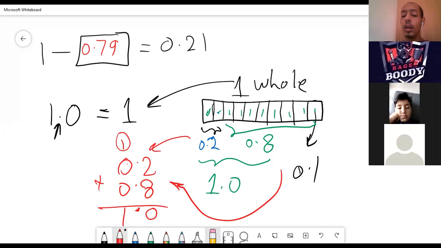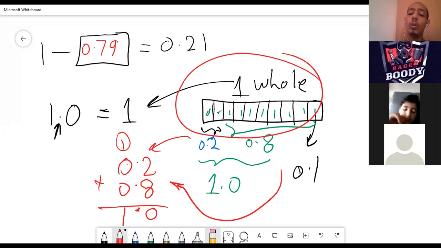So it's one whole, without decimals, without parts. But when you divide this one whole into parts, you are dividing it into decimals, so you represent the parts in decimals, okay?